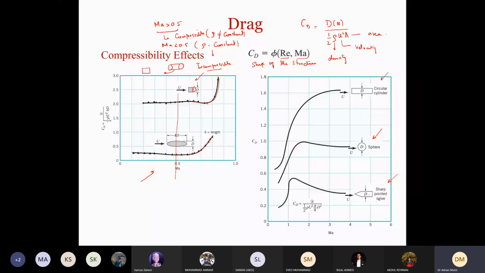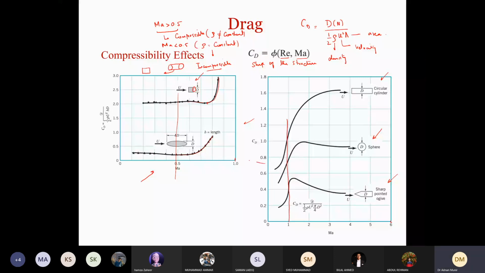One thing which is clear is that for this pointed cone-shaped body, the drag coefficient is less as compared to the sphere, which is less as compared to a circular cylinder. Moreover, these results here are only shown for Mach number of 1, whereas these results are for Mach number of 6. For Mach number of 1, the results might be similar to these, right?